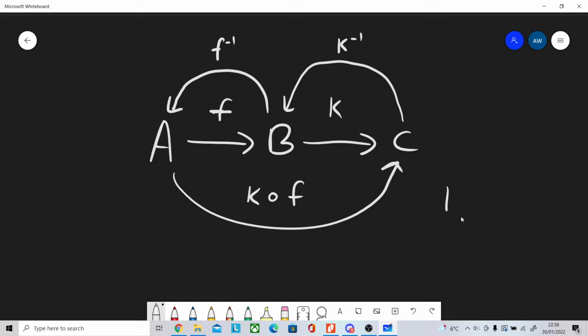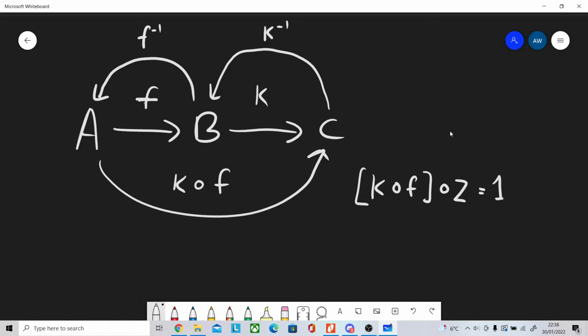So we need Kf and this certain function Z to be 1A, and we need Z, this certain function that we're trying to find, and Kf to be the identity map on C. Right, so we need a function that goes from C back to A that just does nothing.